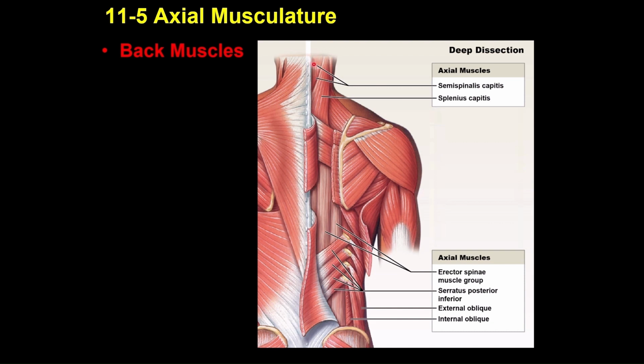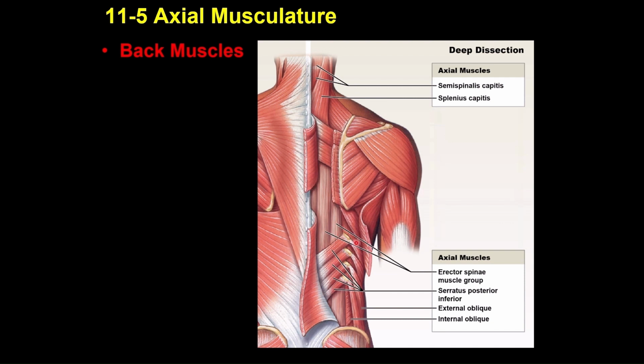Deeper to that, if you can dissect this area, you have the semispinalis capitis muscle, which is again an erector spinae muscle. And these three muscles that you see are also erector spinae muscles: spinalis, longissimus, and iliocostalis. It's just the same muscles, but in a different view.